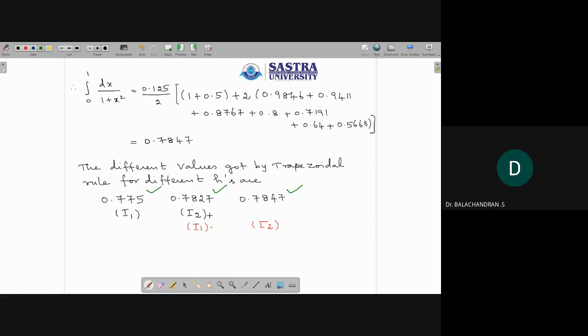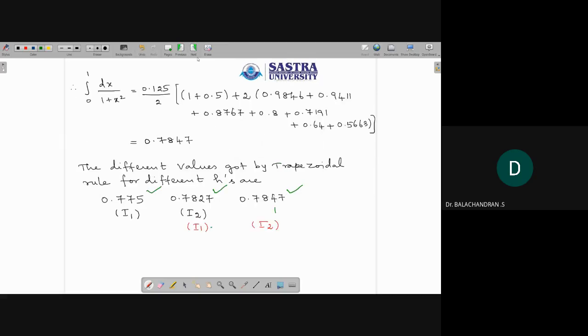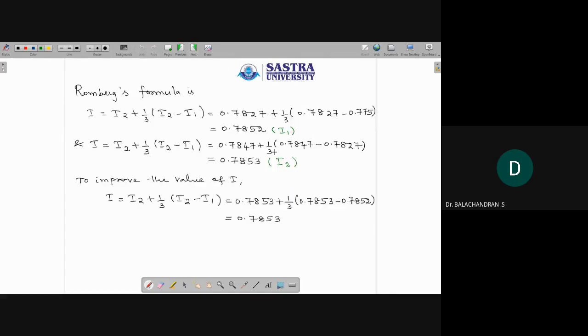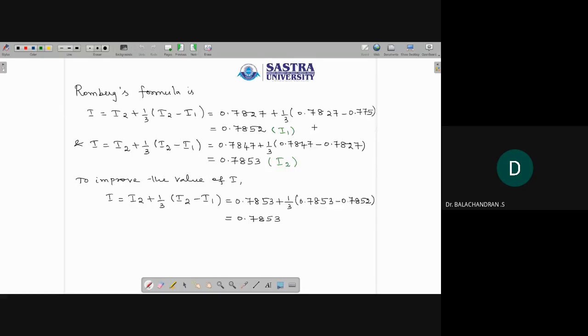So I2 is 0.7847, and 1 by 3, again I2 is 0.7847 minus the I1 value. I1 value is 0.7827. Now I got the value 0.7853, that is I2.